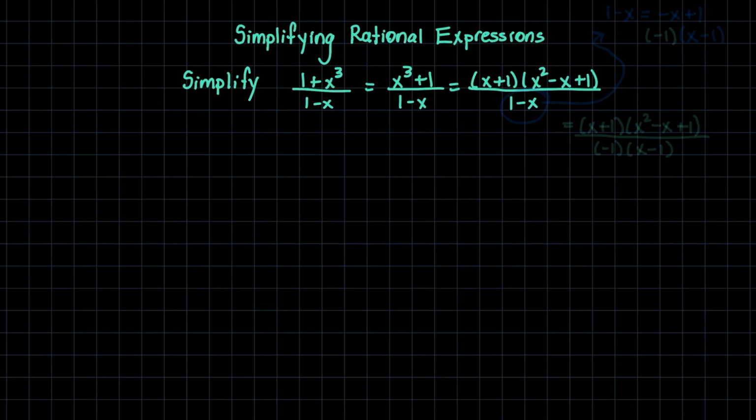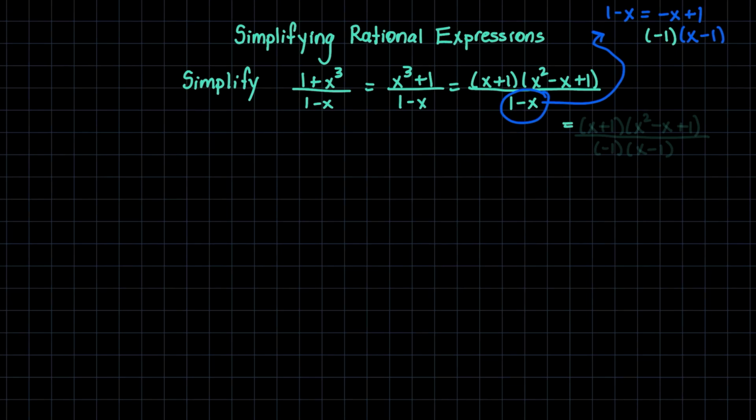When I first look at it, it doesn't look like we have any common factors, but I'm going to zoom in on my denominator. 1 minus x can be rewritten -x plus 1. I can factor out a -1, and that leaves me with x minus 1.